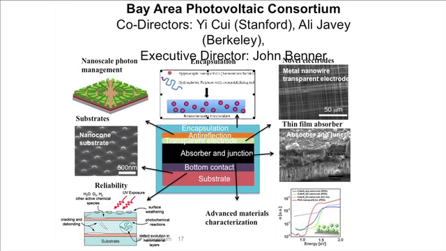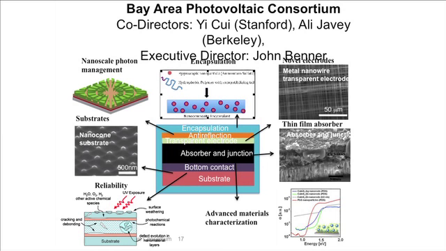In the energy storage research, you see some examples, but let me mention also one thing. Professor Michael McGehee is going to talk about solar cells, but I'd like to mention just one slide. Recently, we just brought in a large consortium called the Bay Area Photovoltaic Consortium. This consortium is led by Stanford University and co-led by UC Berkeley.